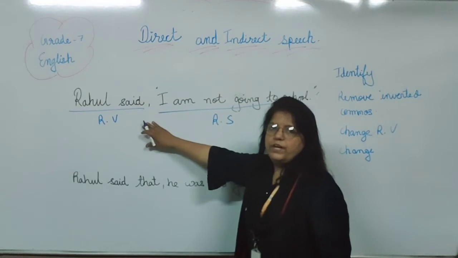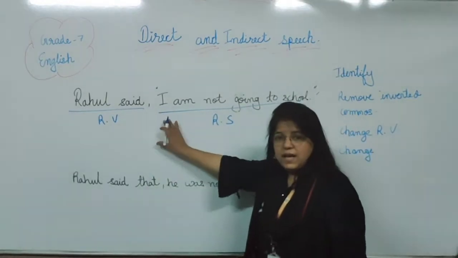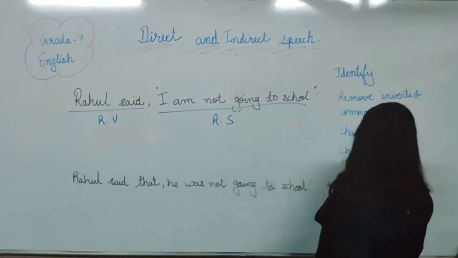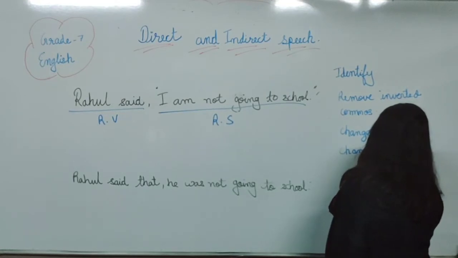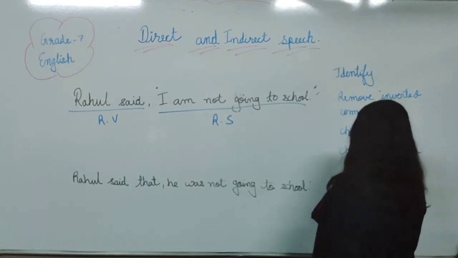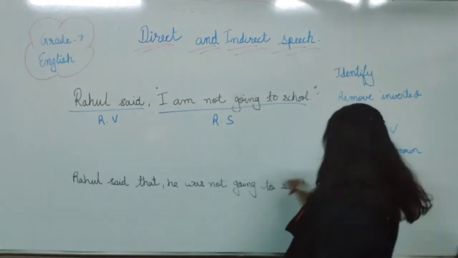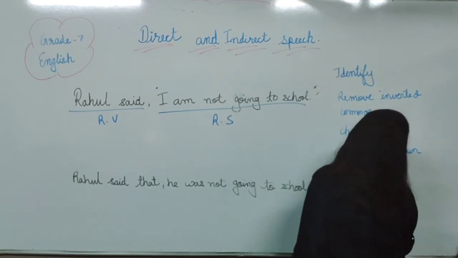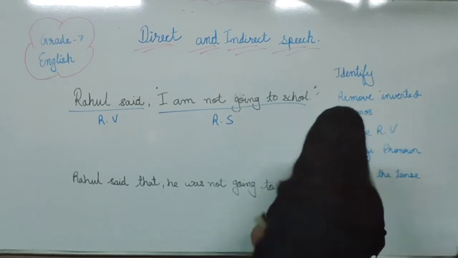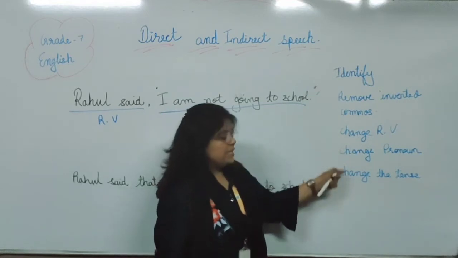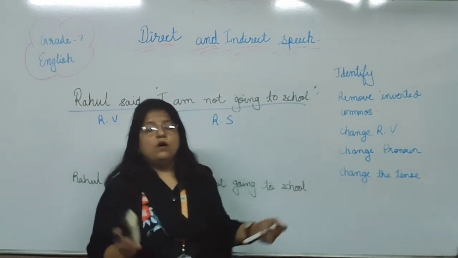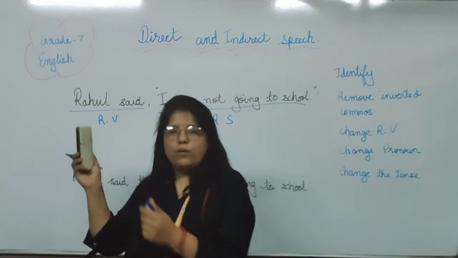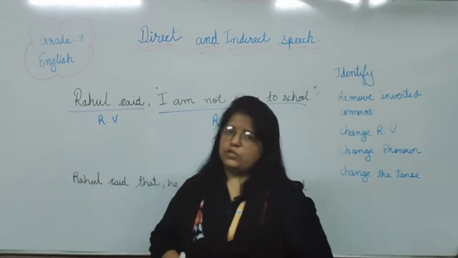You can see here it is I and here it is he. Change the pronoun, and lastly change the tense of the sentence. These are the basic steps which you have to follow while converting sentences from direct speech to indirect speech.